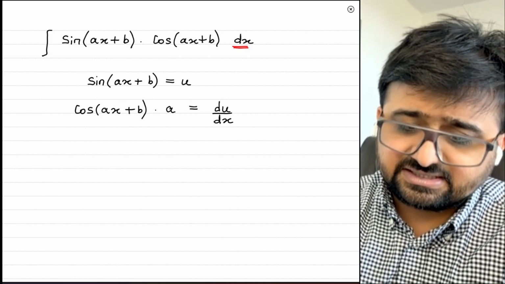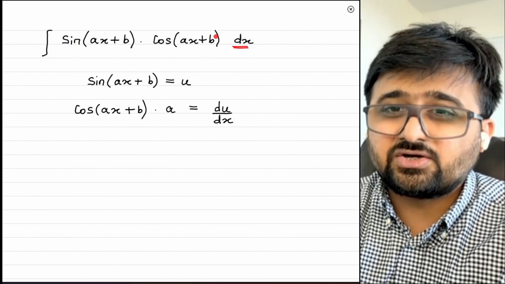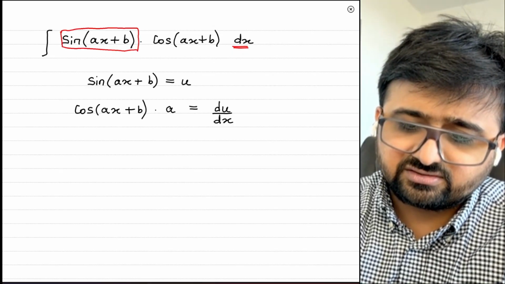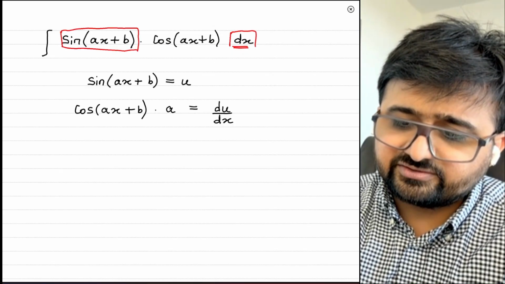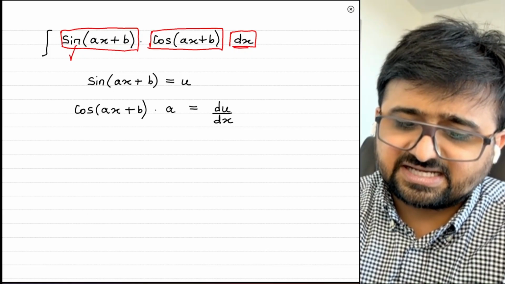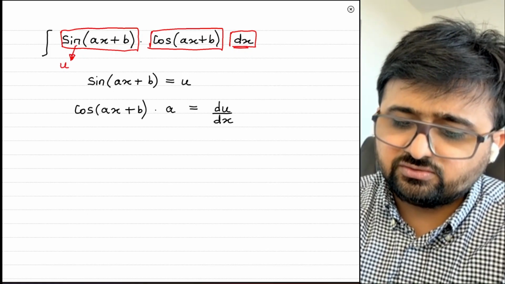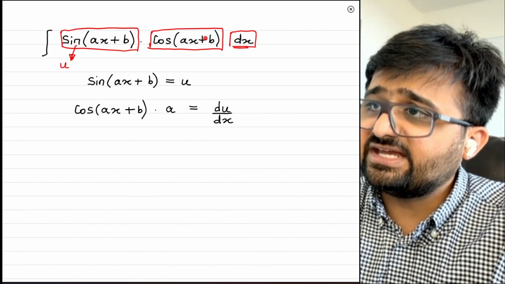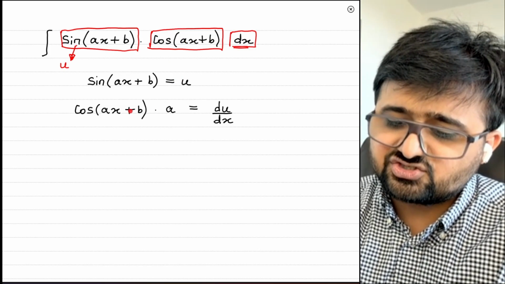If you notice now in the original integral carefully, in order to convert that to the u world, notice that there is a sine over here, there is a dx over here, and there is cos ax plus b over here. So this sine ax plus b is nothing but u, and this cos ax plus b times dx term is getting generated over here.